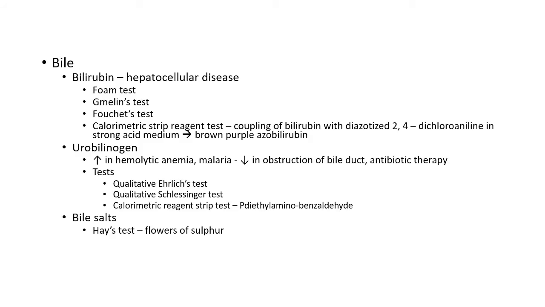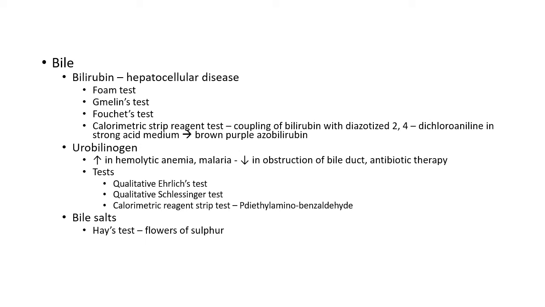Bile is excreted in urine as bilirubin, bile salts, urobilin and urobilinogen. And excess bilirubin appears in urine in conditions of hepatocellular disease. The tests used for the estimation or identification of bilirubin include Foam's test, Mellin's test, Fouchet's test, and of course colorimetric strip reagent test.